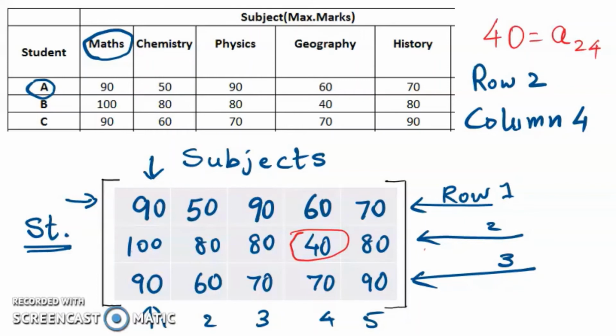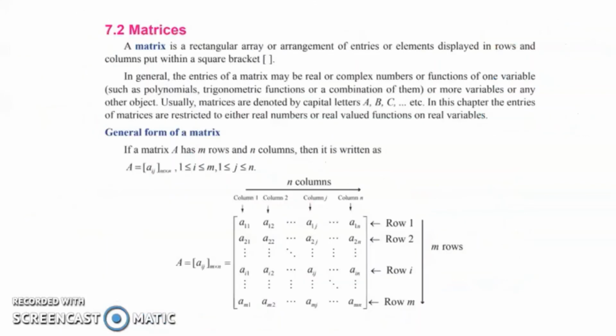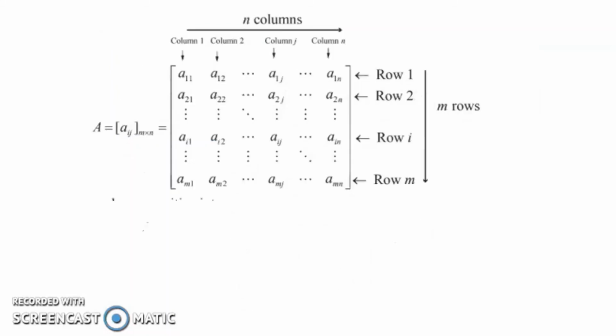Next, let's see how to generalize the matrix. This is a general form of a matrix with m rows and n columns. We have this matrix A, which has m number of rows and n number of columns.